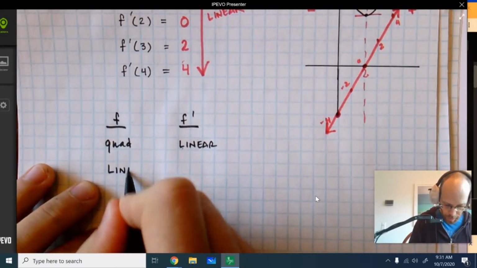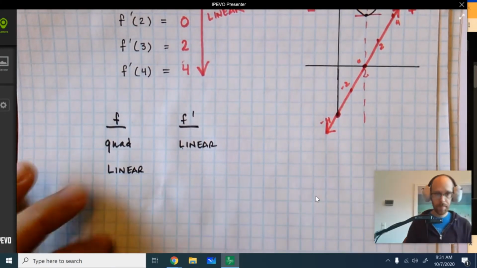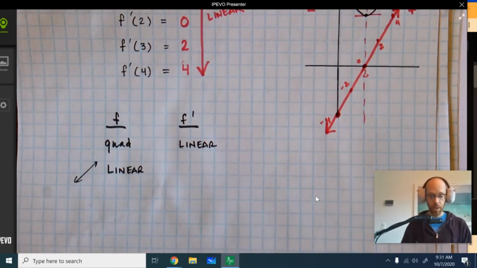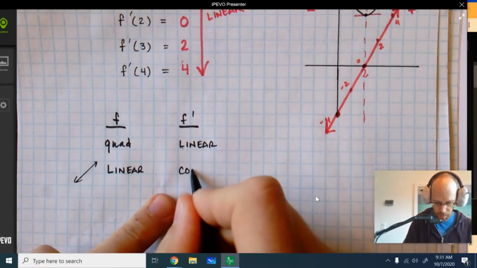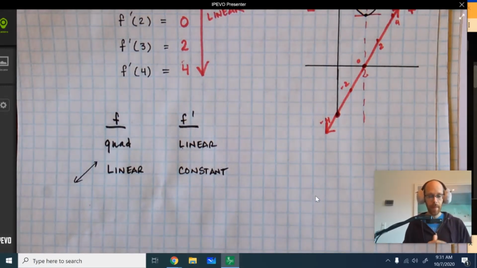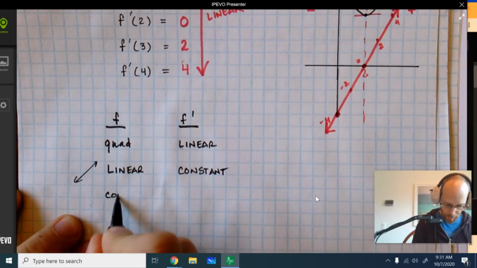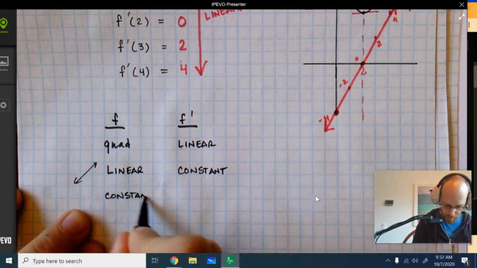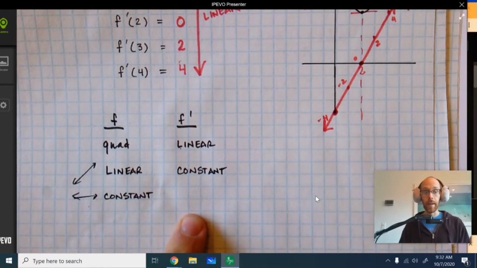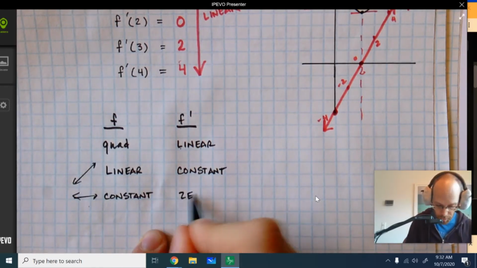If a function is linear, right, if it looks like that, then the slope is never changing, so the slope is constant. And if the original function is constant, then the derivative is 0.